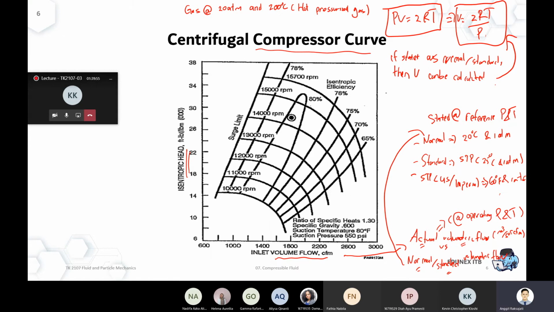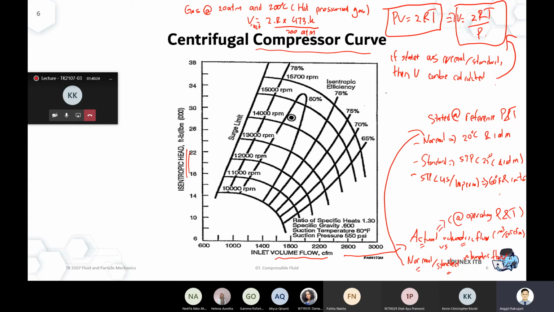depending on the needs. If you want to express in actual volumetric flow rate, that means once you use V equal to ZRT per P, then Z times R times the temperature has to be directly the 200 degrees C. That means 473 Kelvin per the actual pressure, 20 ATM.